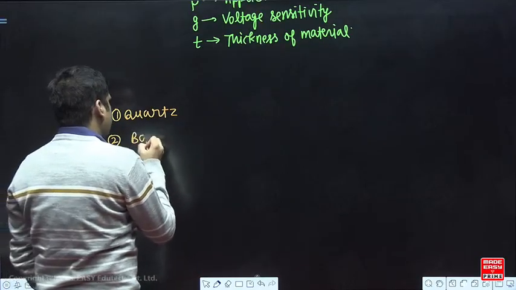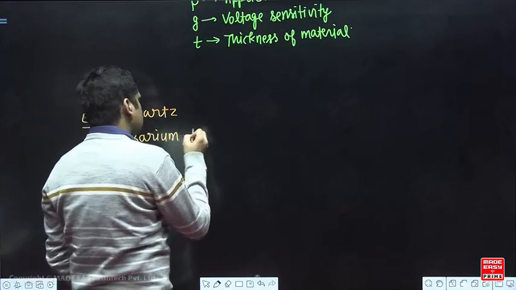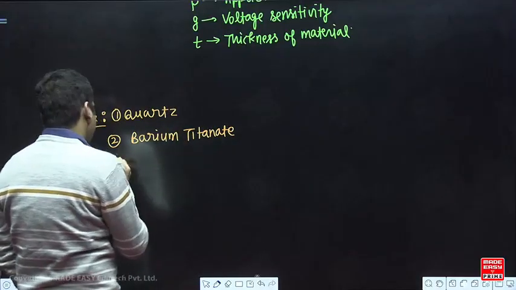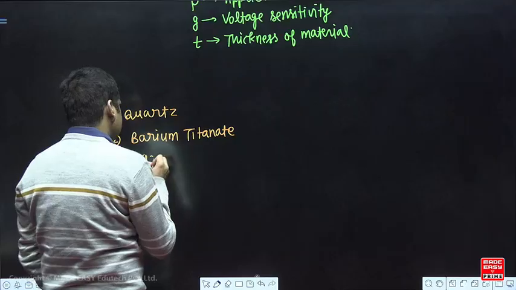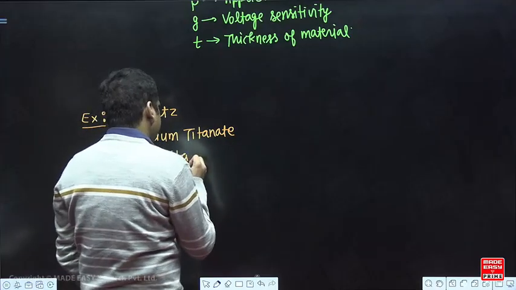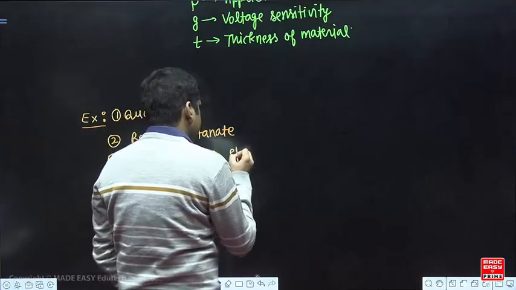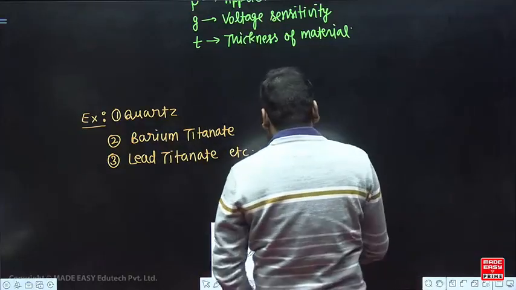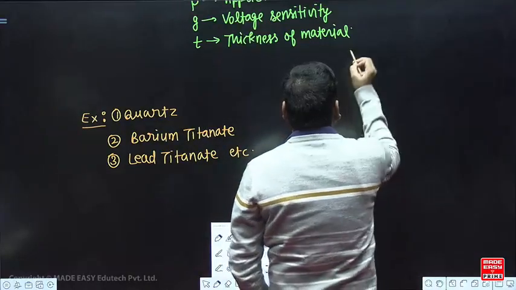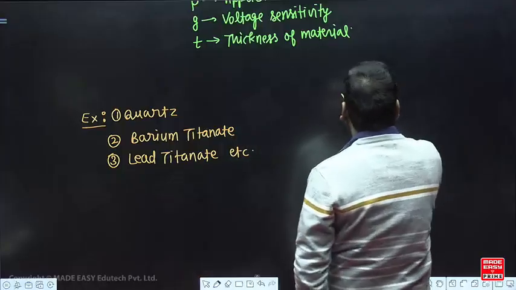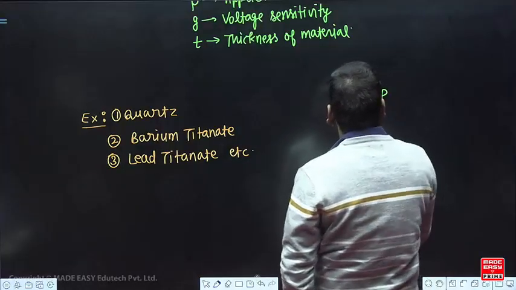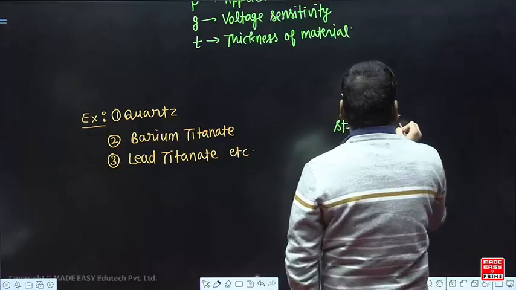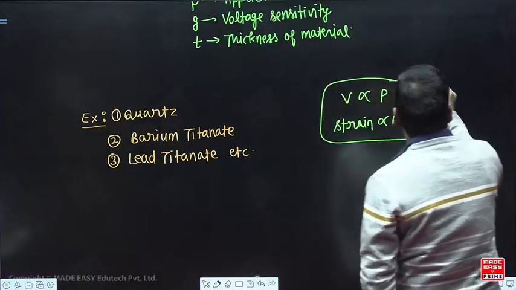Then barium titanate, lead titanate, etc. These are some examples. I have told here that in piezoelectric material you get both voltage due to pressure and strain due to electric field. So both effects are there.